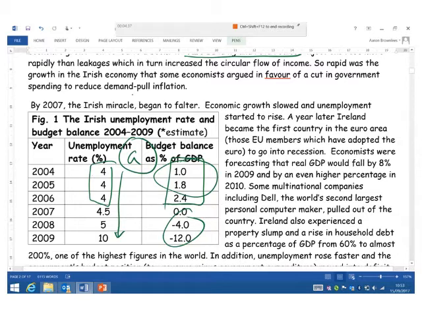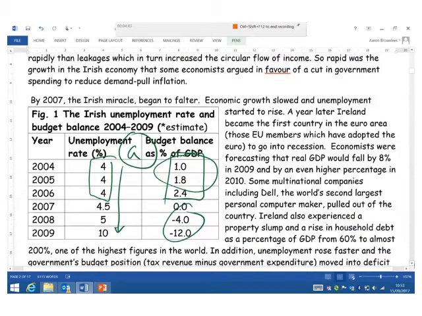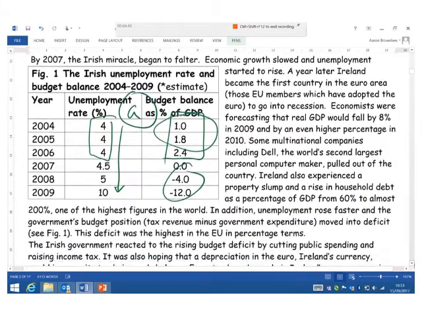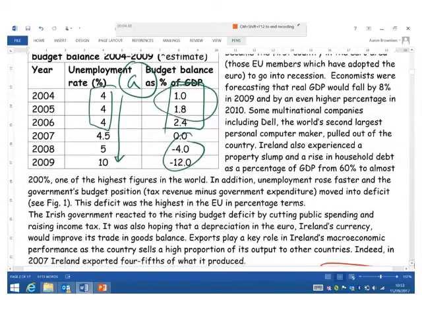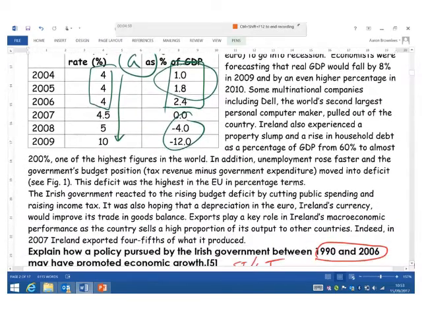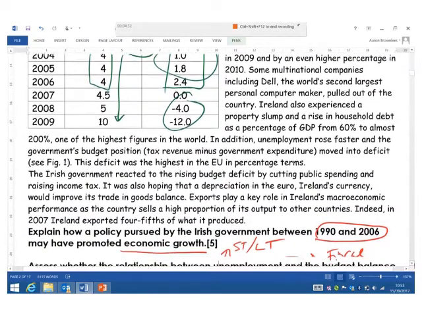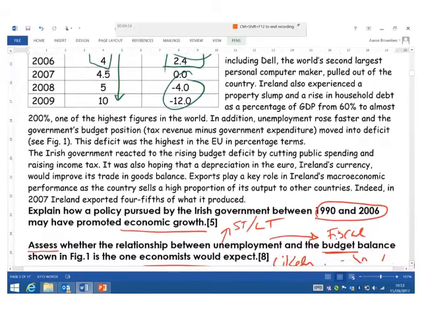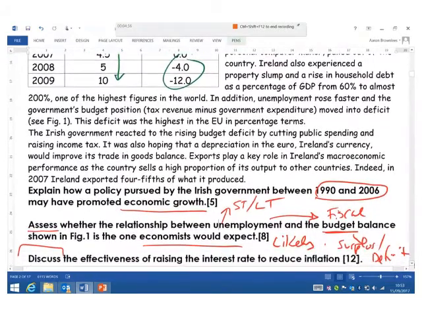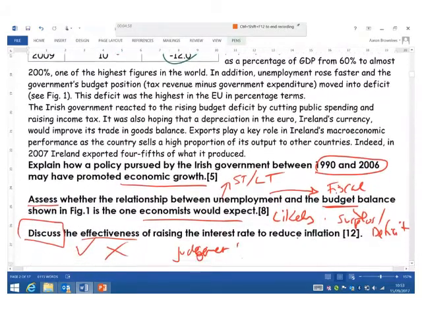The last question, which looks at interest rates. You've got the question of raising interest rates to reduce inflation here. The inflation is coming from the economic growth linked into the first question.